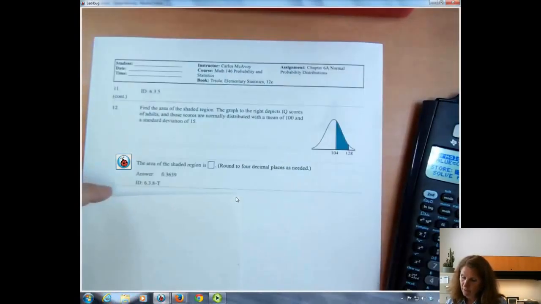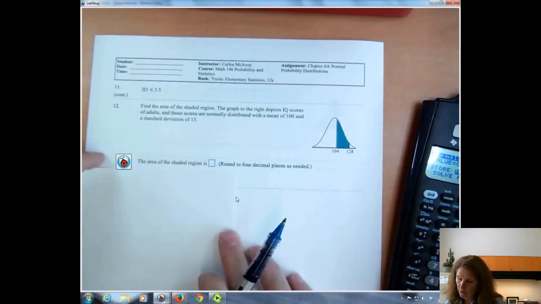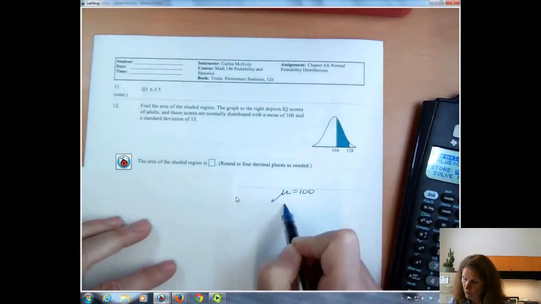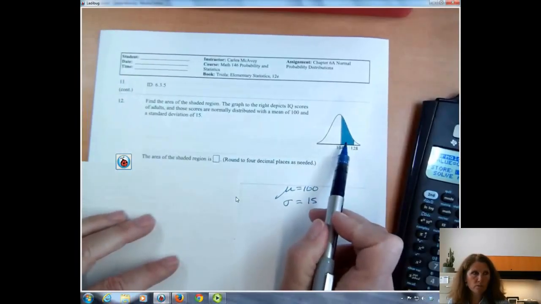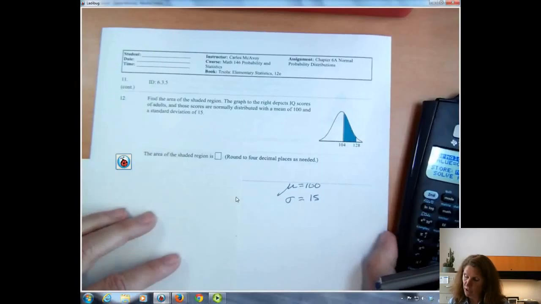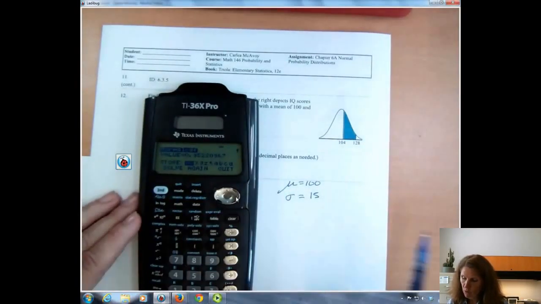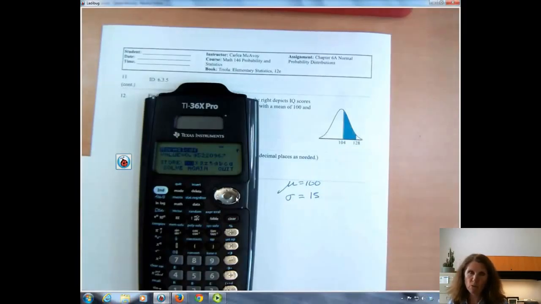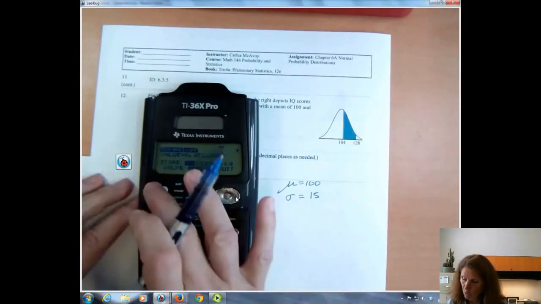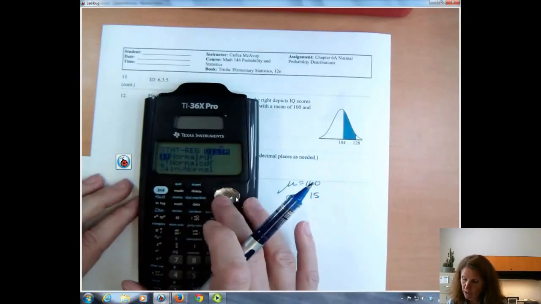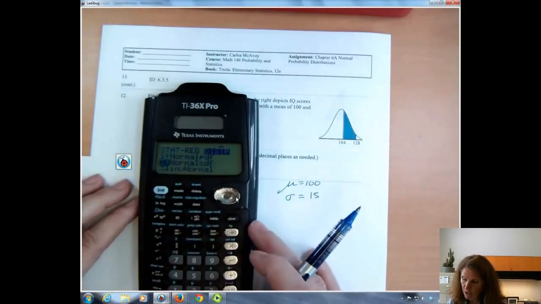Now, if you go in here again, they give us the same thing. They tell us that mu is 100 and the standard deviation is 15, and they want to know what percentage is in this range. But I just want to warn you that if you do this, let's say the next one told you that the mean was 75 or something. When you go in there, unless you clear out your data, it's going to leave in there the data that you last entered.